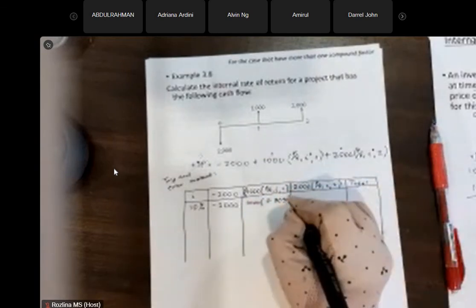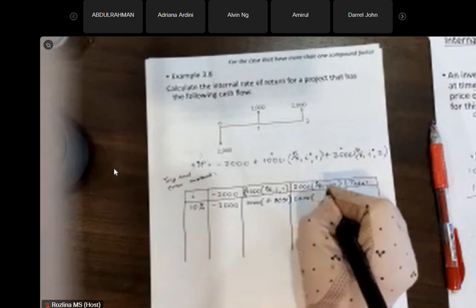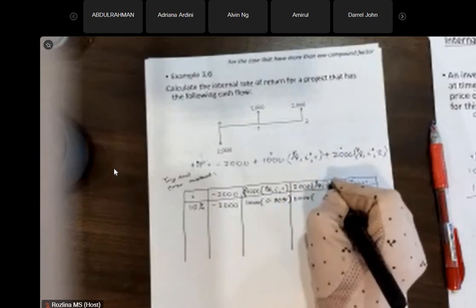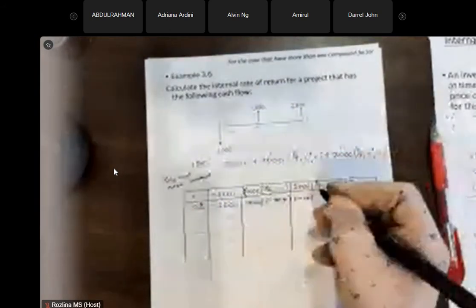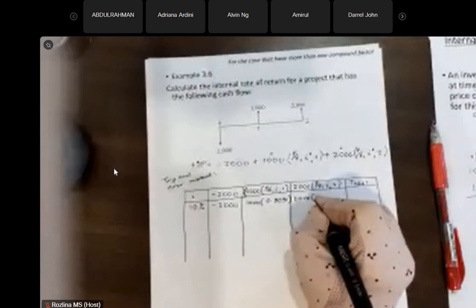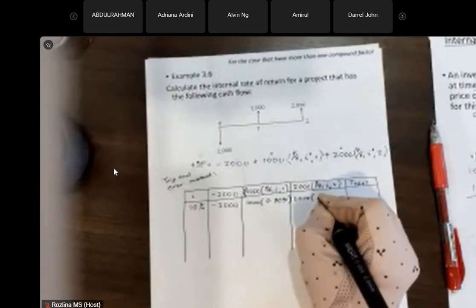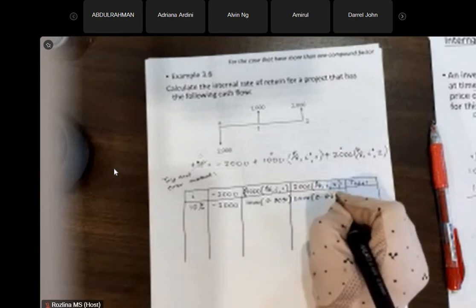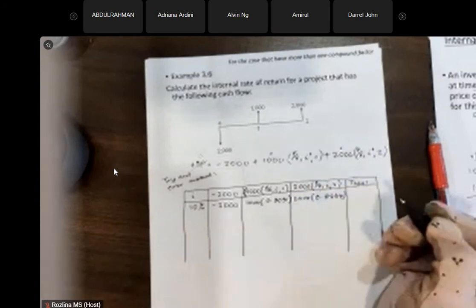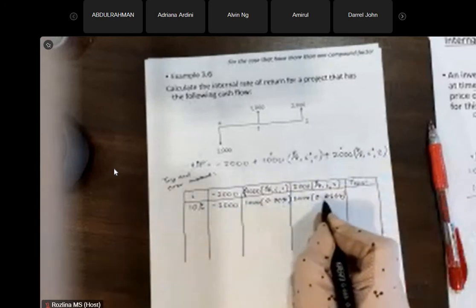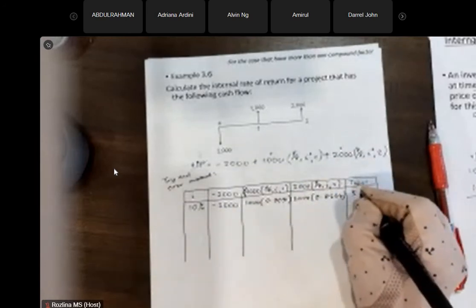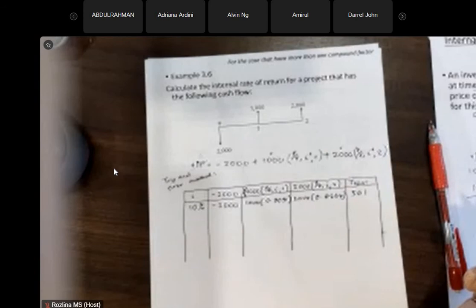Okay, this one 2,000 P over F, yang ni 10% 2. Refer to the table. Then the answer is 0.8264. Okay, then you total up this one, you will get the answer 561.